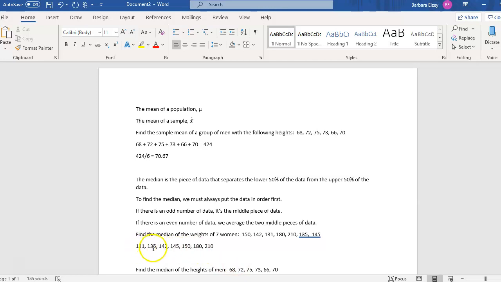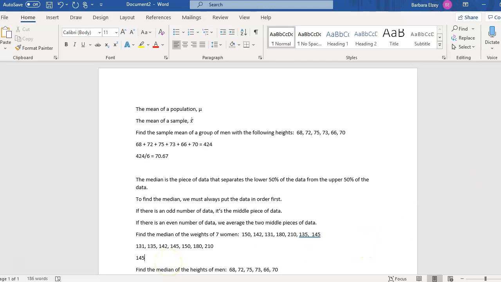And I should have 7 there, which I do. Always check yourself when you're done putting things in order to make sure you haven't left anything out. Now, if we look at the exact center, right here at position 4 is 145. That's our median. Notice there's 3 pieces of data to the left of 145. There's 3 pieces of data to the right of 145. And that should always be the case. So 145 is our median.